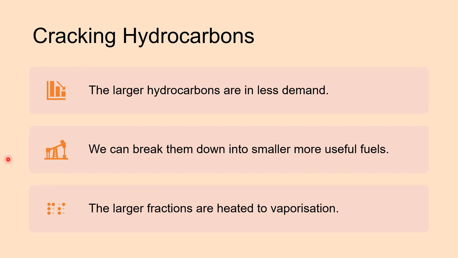Okay, so we can do this thing called cracking. It is a process that allows us to turn larger hydrocarbons that are in less demand into smaller, more useful hydrocarbons. So the larger fractions are heated to vaporization, and the vapours are then passed over a hot catalyst or mixed with steam and heated to a very high temperature, allowing us to form smaller hydrocarbons that are more useful to us.